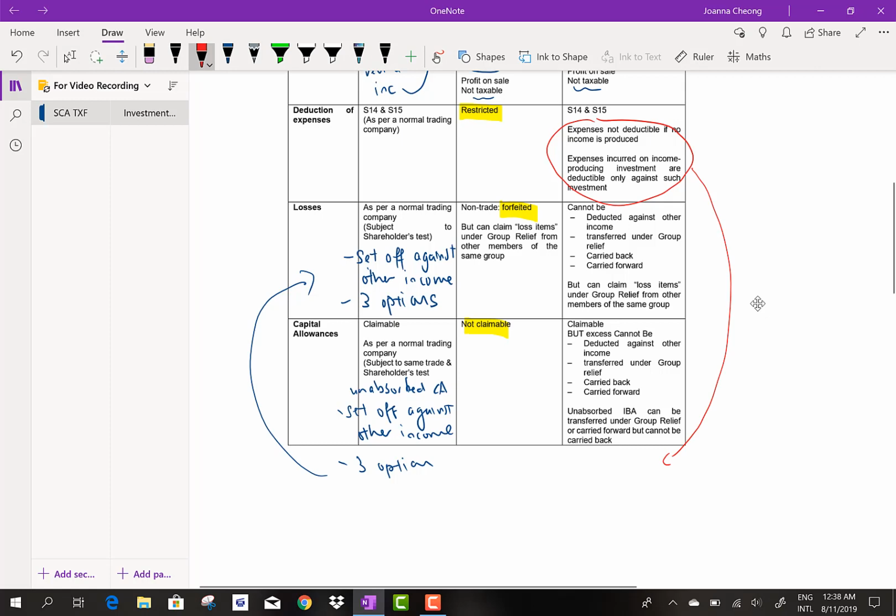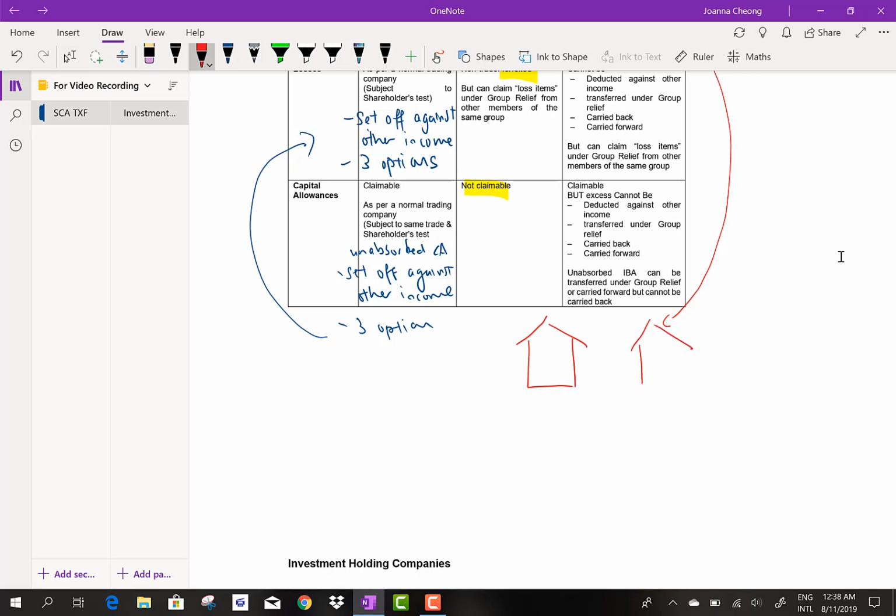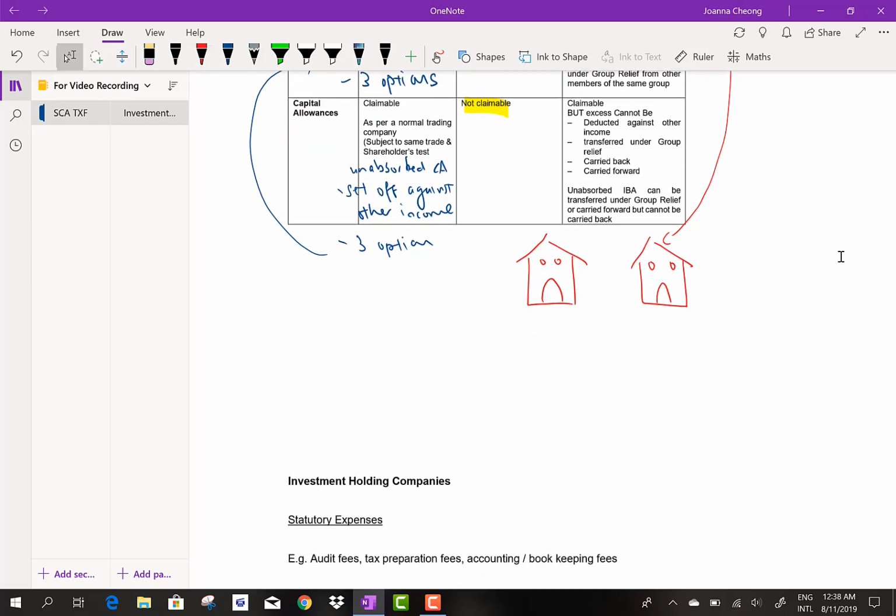Let's say you have two properties. This is property 1 and property 2. Sorry, this is the best I can draw for a house. I'm pretty bad at drawing. Let's say the first property has no income, but they do incur expenses, and the second property earns rental income and they incur expenses.